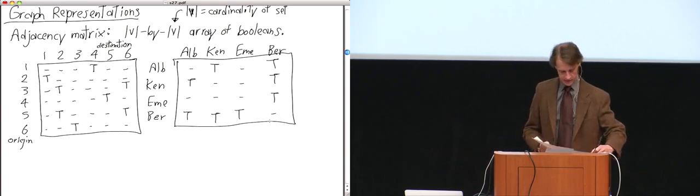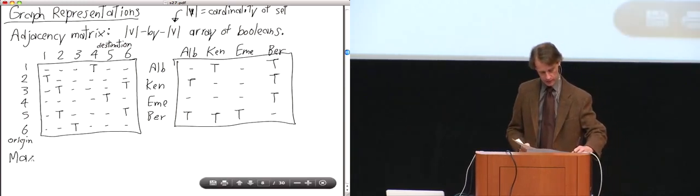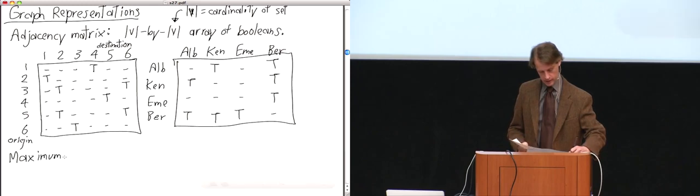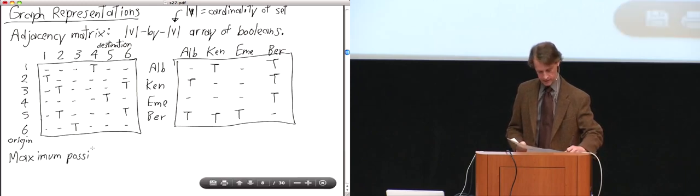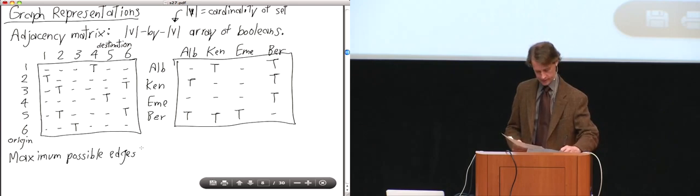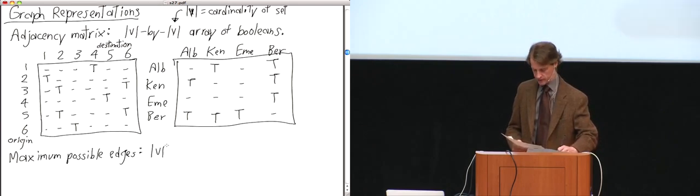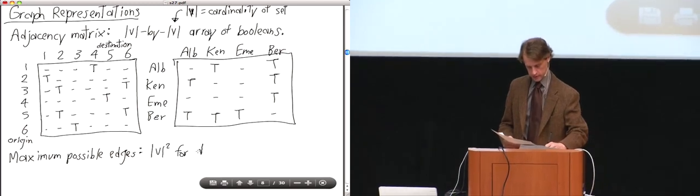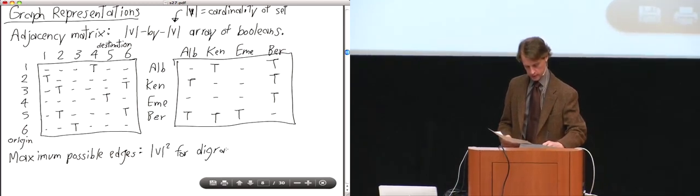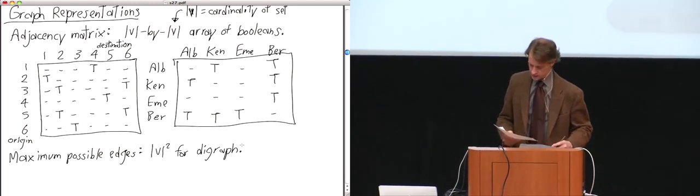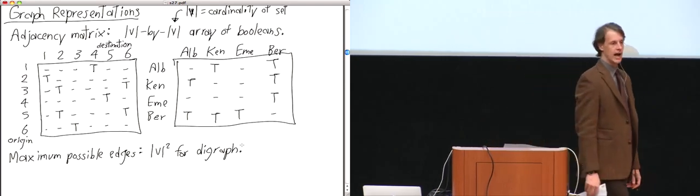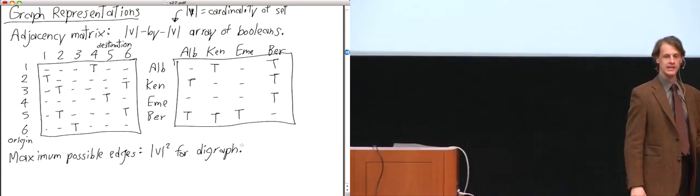So it's pretty easy to see that the maximum possible number of edges you could possibly have in a directed graph is v squared. For an undirected graph, it's a little bit more than half of that.